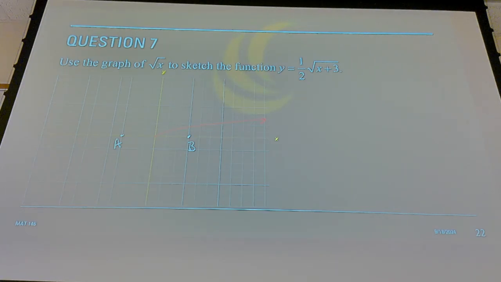Now comes the fun part. Trying to sketch this graph. Isn't that like over 2 going up? Every output value gets cut in half. So it would normally be 1, 1, but now it's 1, 1 half, and then we have to move that over to the left by 3.